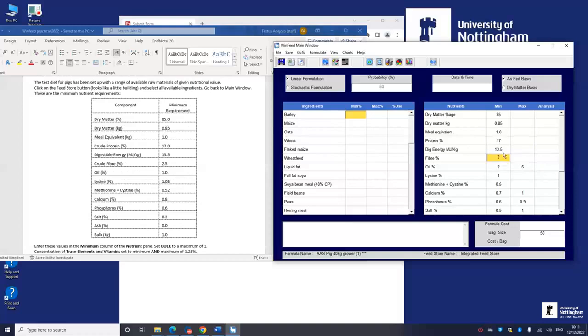Crude fiber 2.5. Oil minimum 1.0. Lysine 1.05, methionine plus cystine 0.52. Who knows why we usually have a requirement for methionine plus cystine? Who knows why we usually have methionine plus cystine?